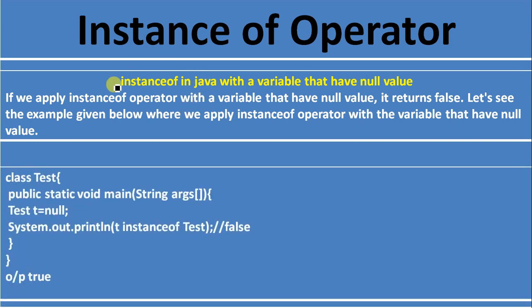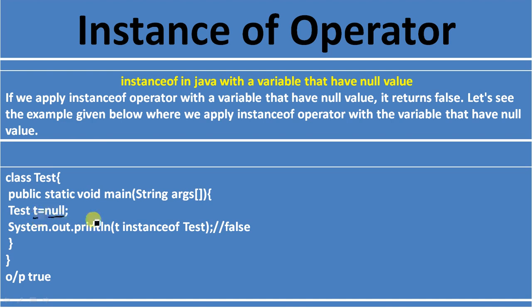Here we are creating, as usual, a Test class with a public static void main method, and we are not creating the object; we are creating the reference variable t and passing null. We are not creating it using the new keyword; we are assigning the null value.